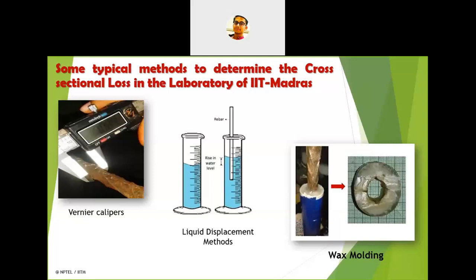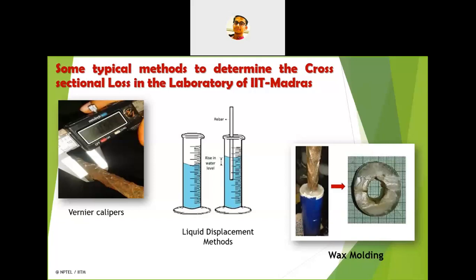If you come to the vernier calipers, you may say that the diameter is circular, but in different places you will find different diameters. How the diameter is changing, I'll show you in the next slide. You will come to know how wrong the data will be if you take measurements using vernier calipers.